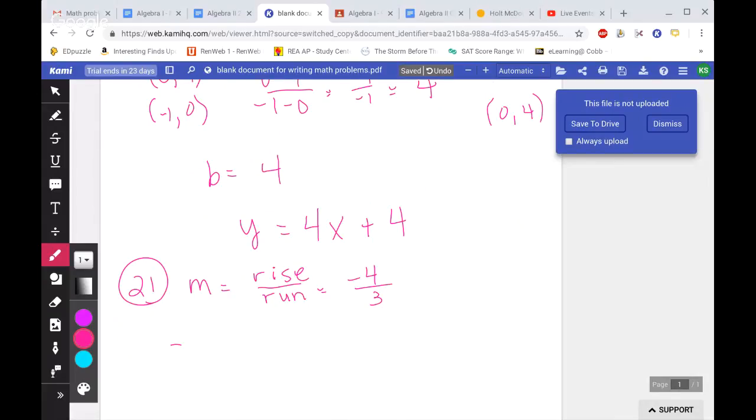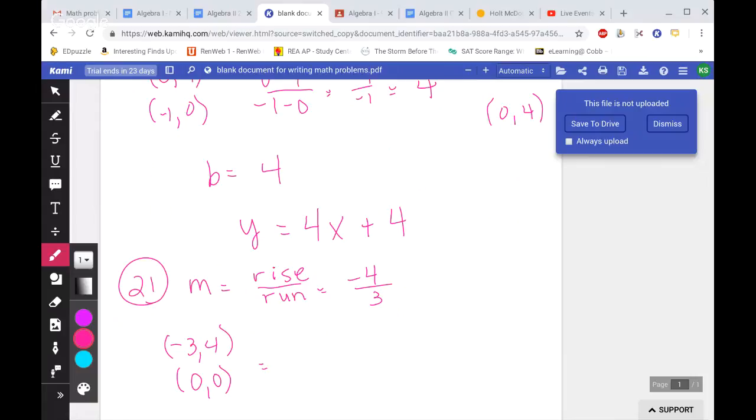If you were going to calculate it using the formula, it would look like this. Why is it -4? Well, I know that this line, because it falls to the right, is going to have a negative slope. That's one thing I know. The other thing I know is that it could be -3 and a +4. It just depends upon whether you're counting from 0, 0 to -3, 4.